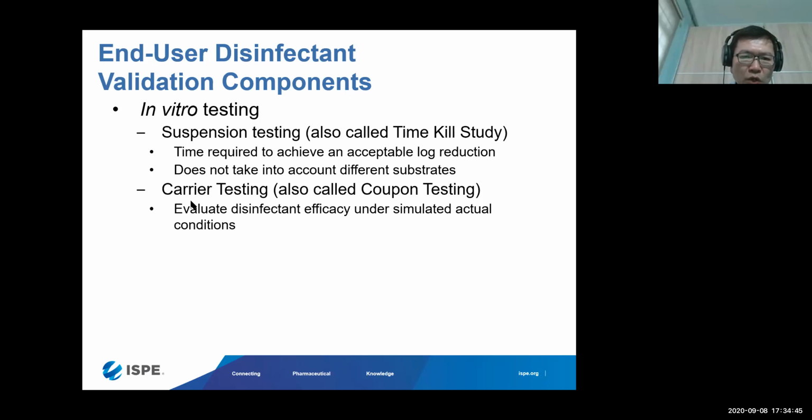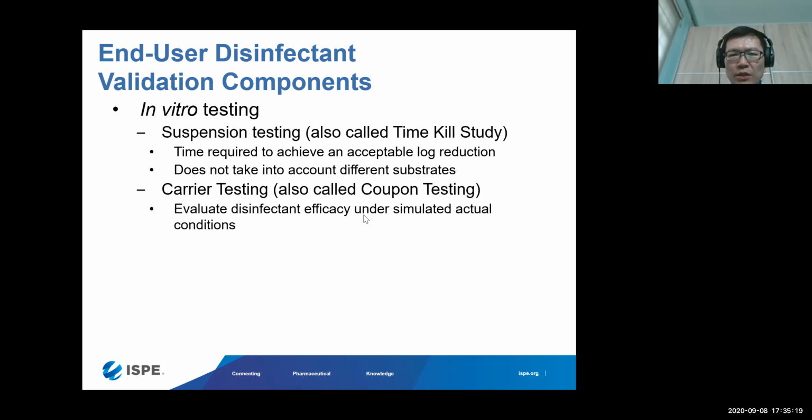Next, the most important one is the carrier testing, also called the coupon testing. This is basically to evaluate the disinfectant efficacy under simulated actual conditions. As the name suggests, you will need to use the different cleanroom substrates in the lab, and also include the in-house isolates, the microorganisms found in your cleanroom, under the specified temperature and contact time to simulate the cleanroom conditions as much as possible.